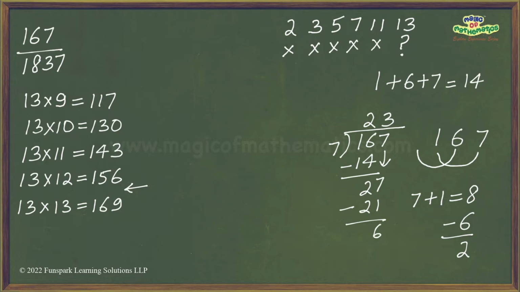The reason I wrote down the table will become clear if you look at a few of the multiples of 13 from this table. Say 143. 143 is 13 times 11. So obviously 143 is divisible by 13. But then 143 is divisible by 11 as well, since 13 times 11 is 143. If we were examining factors for 143, we would have come across 11 first and found that it is a factor.